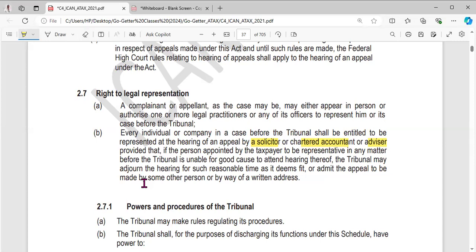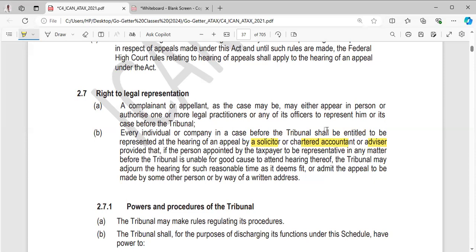So you see here, who are the people that could represent? Solicitor is the first option because he's a lawyer. Now that means the person must also be familiar with law and taxation. Chartered accountant and advisor.